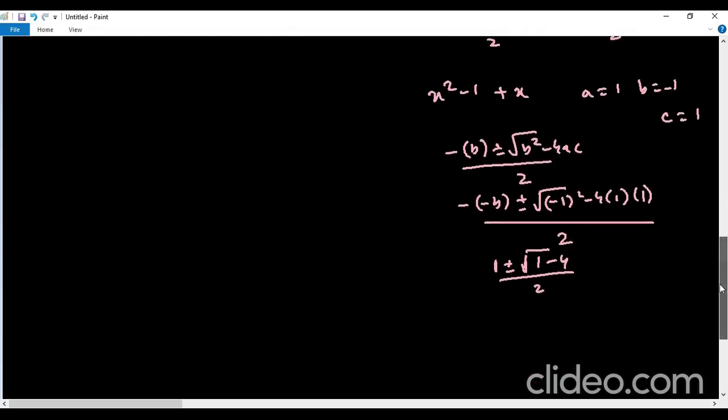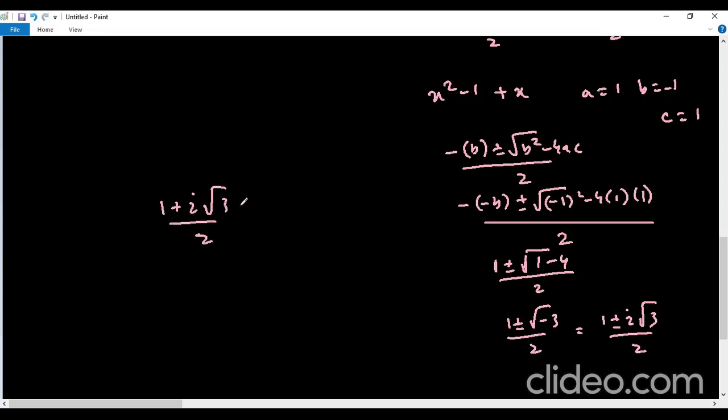This gives us two different values, 1 plus minus under root negative 3 over 2. That means it's going to give us 1 plus minus iota under root 3 over 2. That means we have value number 4 and 5. So the first value is going to be 1 plus iota under root 3 over 2.